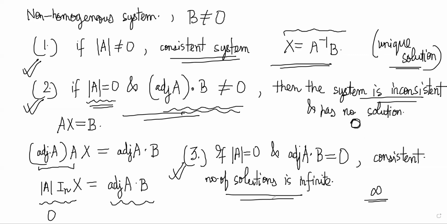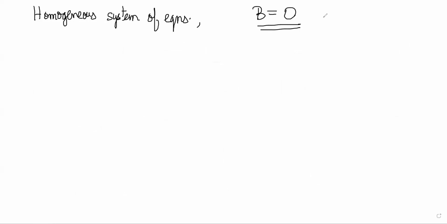Then we will also see the situation when the system of equations is homogeneous. So let's take the case of a homogeneous system of equations. In this case, the matrix B is a zero matrix or zero column vector.